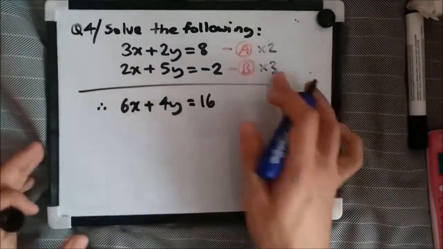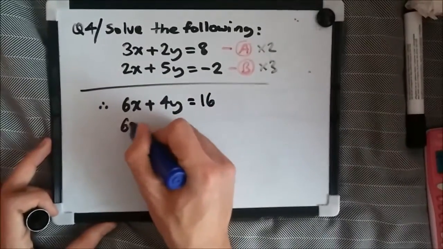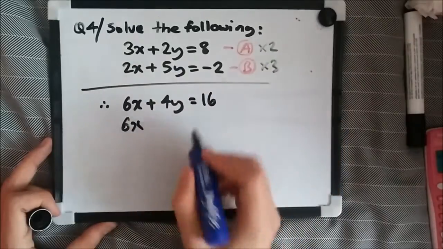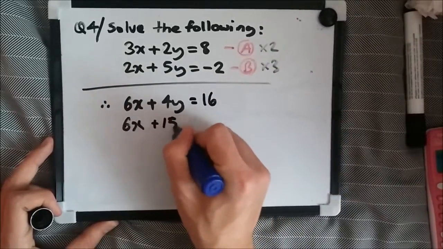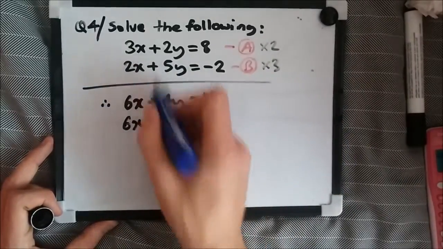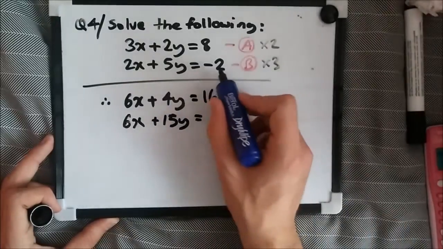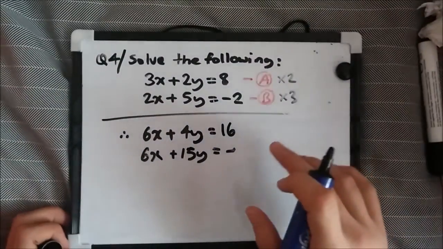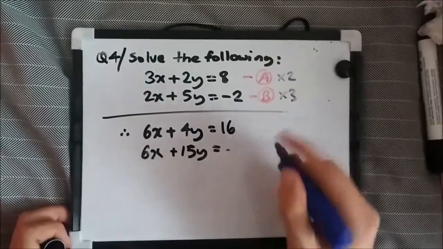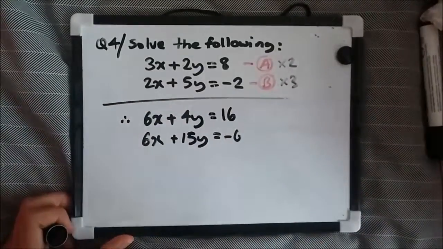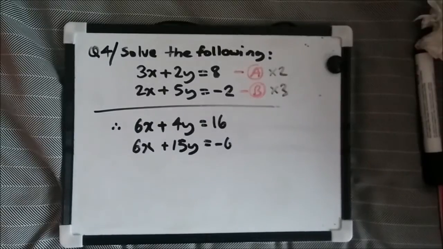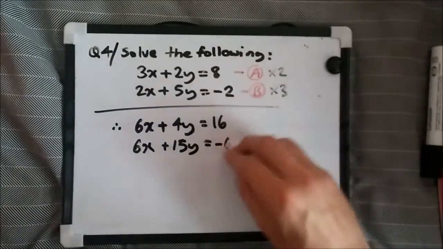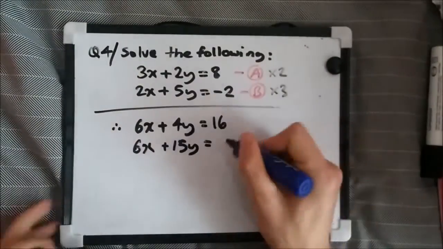So 2x times 3 is 6x. 5y times 3 is 15y, okay? Notice that I'm just copying the signs here. And lastly, minus 2 times 3 is minus 6. Okay, so again, this is minus 6.